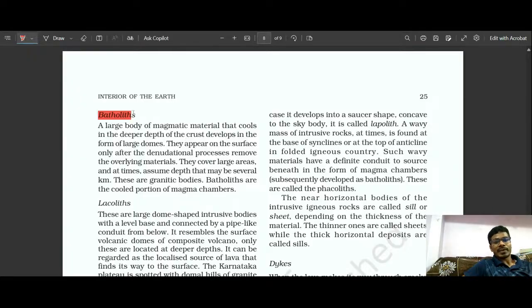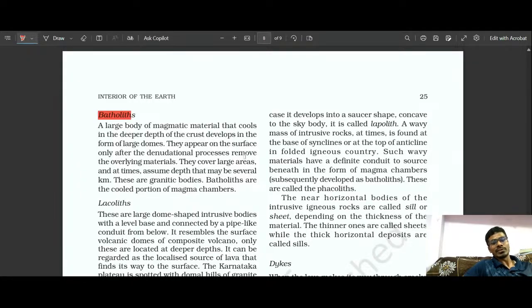A large body of magmatic materials that cools in the deeper depth of the crust develops in the form of large domes. They appear on the surface only after the denudation processes remove the overlying materials.